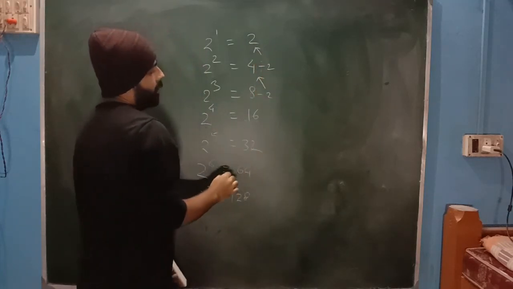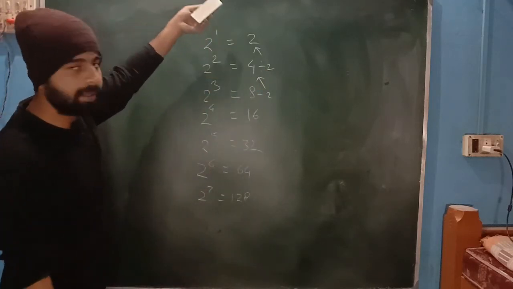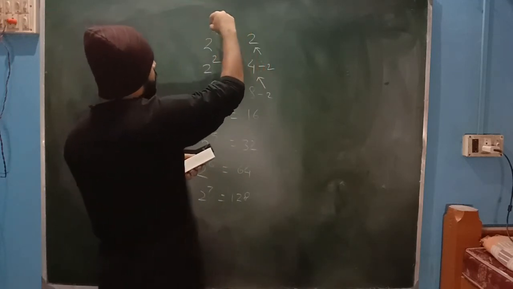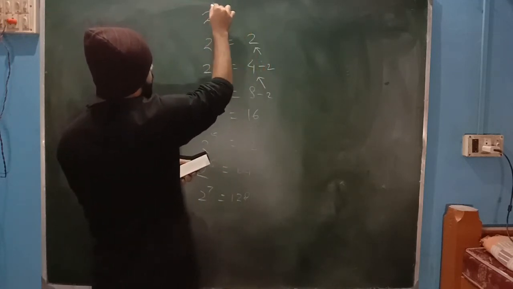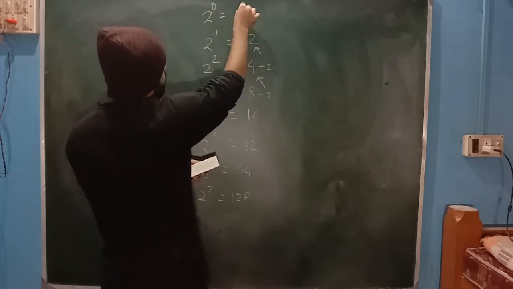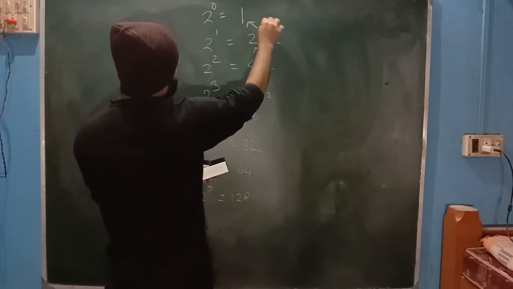So you are just dividing every number by 2, and then you are jumping over to the previous power. So if we just write down 2 to the power 0 here, you will see that it will be 1, because 2 divided by 2, that is the answer.